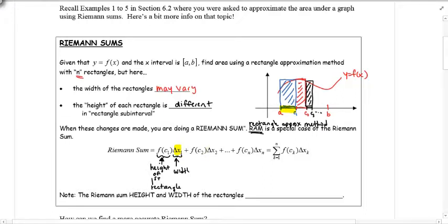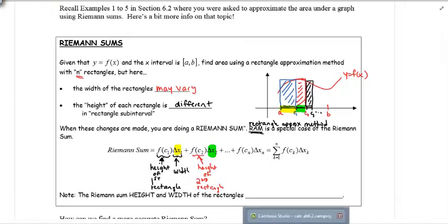Similarly, f of c sub 2 would be the height of the second rectangle, and delta x sub 2 would be the width of that second rectangle, and so on. And the idea is you're going to add up all of the rectangles up to the nth rectangle.